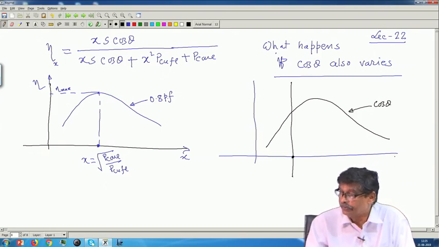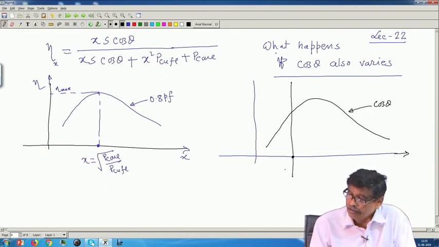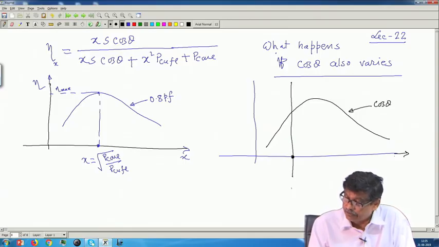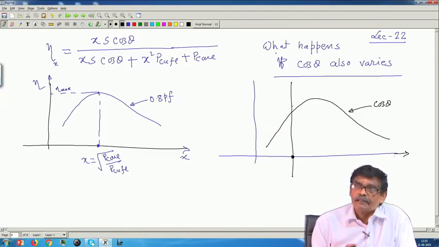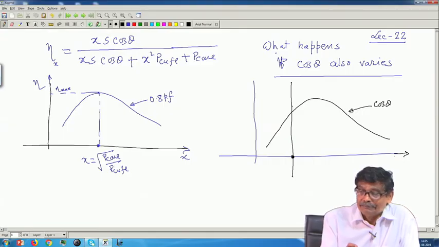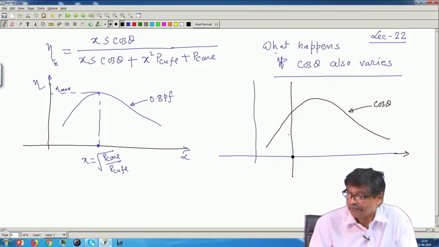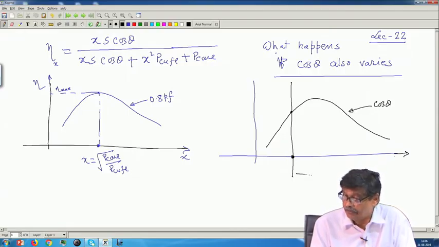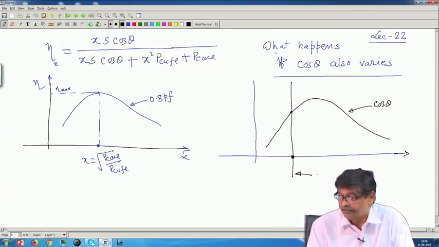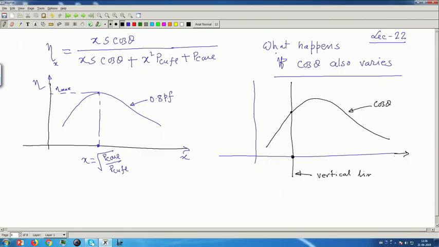So, to do that, this is my x, no doubt. I will keep this x fixed and vary theta. So, at a given x, this vertical line I will keep fixed, which means x into s I have fixed.